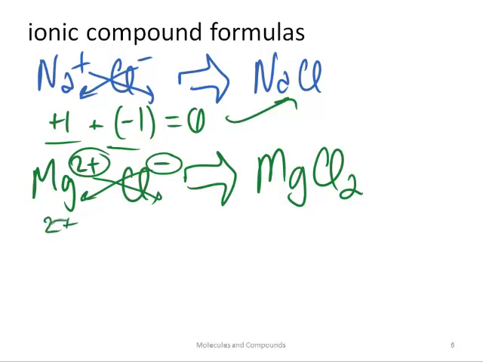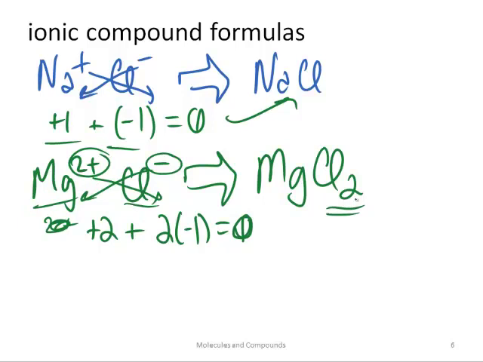So +2 plus 2 times a -1 equals 0. Or if you think about it from the electron transfer standpoint, magnesium is going to give up 2 electrons. Chlorine only wants to take 1, so it takes 2 chloride ions to accept both of those electrons, and now we have the magnesium chloride compound.